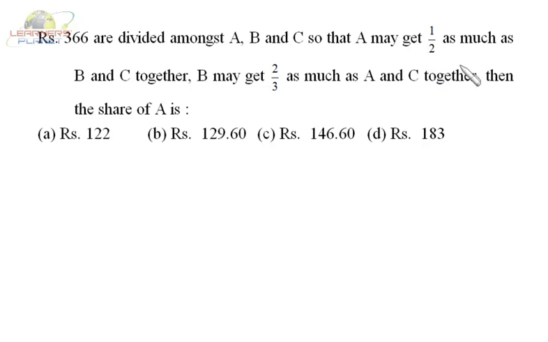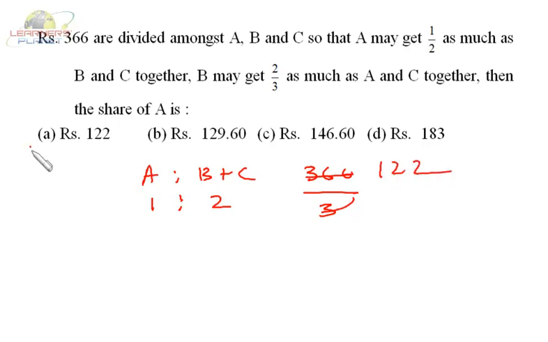A is getting half of B plus C. That means A is to B plus C is 1:2. That means of the entire portion, that is the 3 parts, A is getting 1 part. That means A is getting 1/3 of 366. Okay. So it's 122. As simple as that.